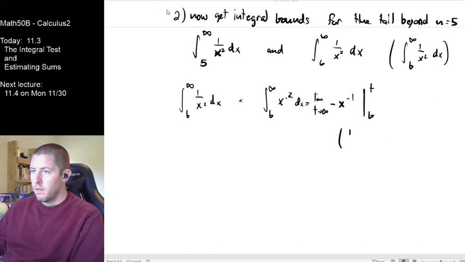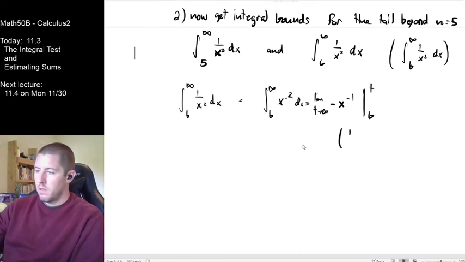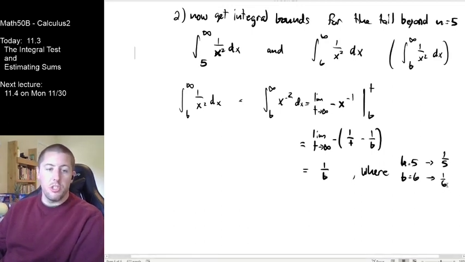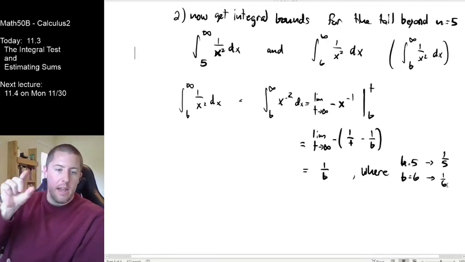So that's the limit as t goes to infinity of the negative of 1 over t minus 1 over b. The limit of 1 over t is going to be 0. The negative is going to multiply by the negative inside to get a positive, and that's just going to give me 1 over b, where b equals 5 and where b equals 6. So we just got 1/5 and 1/6 as the two bounds on the remaining tail of the sequence.